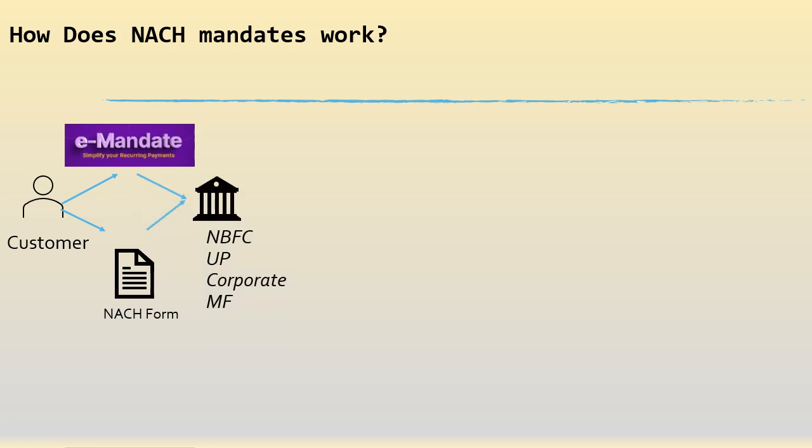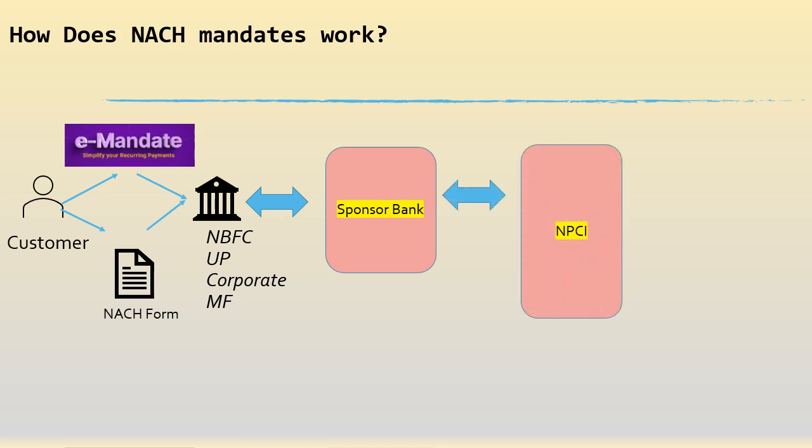By way of these two mechanisms, the e-mandate or the NACH form, it would be sent across to the NBFC or the utility provider or the corporate or the mutual fund distributor, who in turn has a tie-up with the sponsor bank. The sponsor bank is going to send across this mandate in a file to NPCI, because it's not possible for all the corporates and NBFCs to have a tie-up with NPCI.